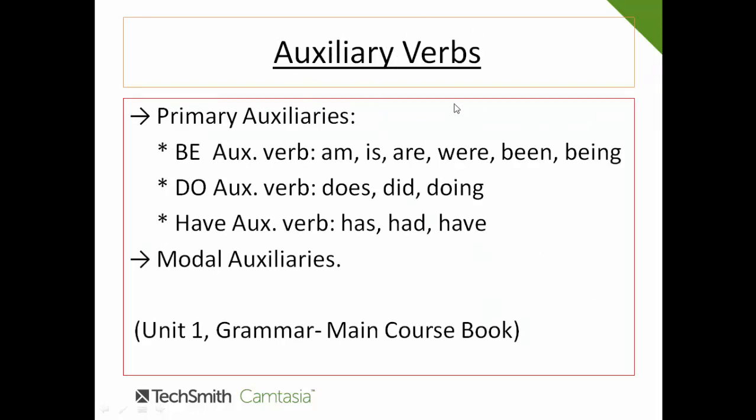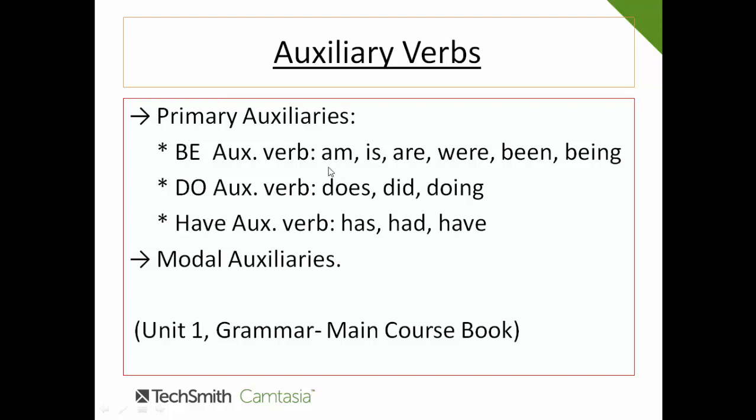Auxiliary verbs are chiefly classified into two kinds: the primary auxiliaries and the modal auxiliaries. Very quickly, what are primary auxiliaries? Primary auxiliaries are the be form of verb, the do auxiliary, and the have auxiliary.